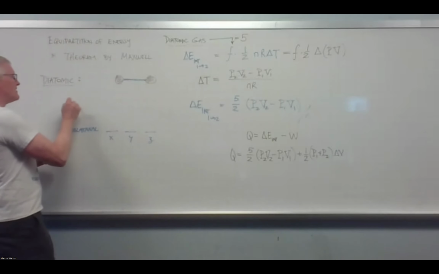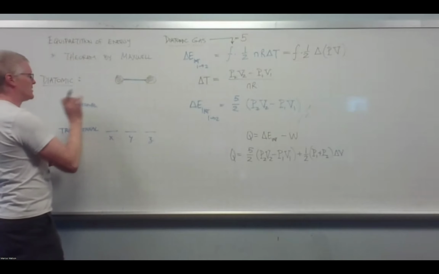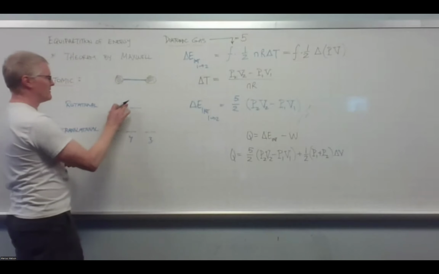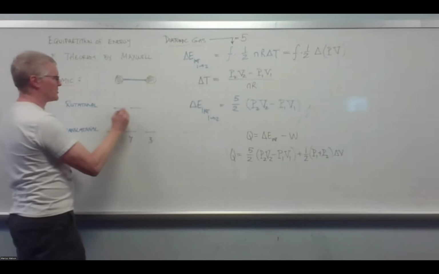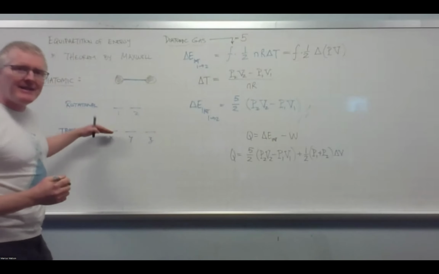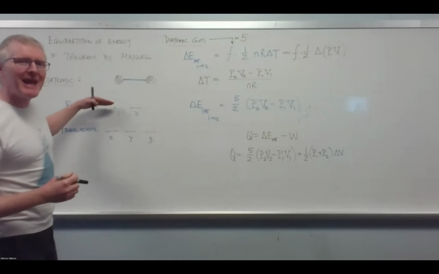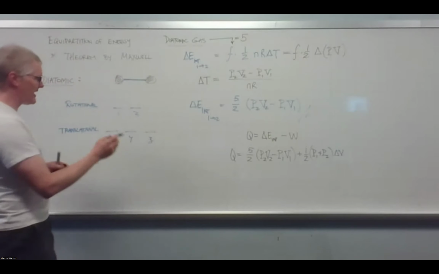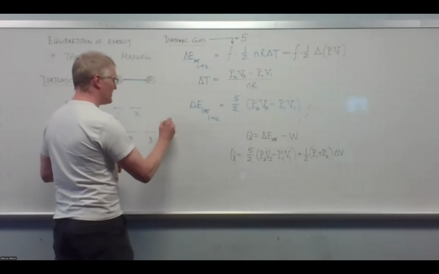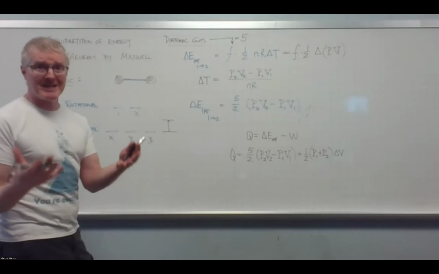But then, in order to excite the rotational modes, right? I'll have two rotational modes, one here and one here. I'll just call them 1 and 2. I need to have the ability to have supplied this energy. Now, if my room temperature can only supply, for example, that much energy, right? Room temperature is an energy.